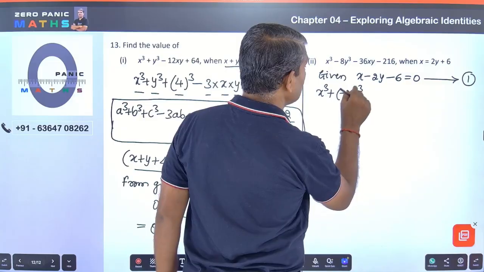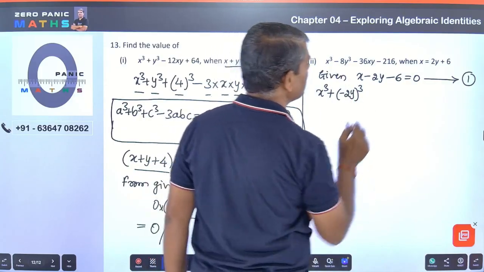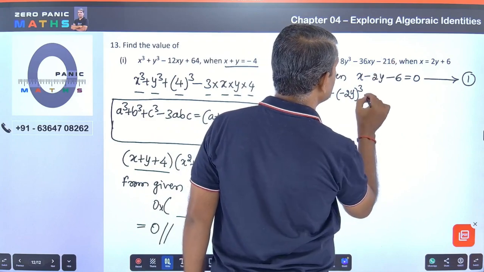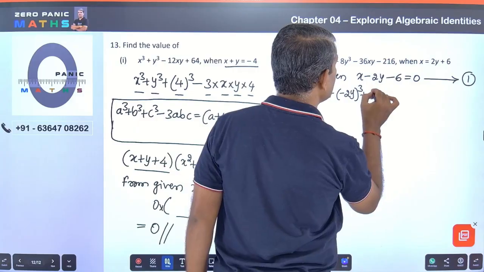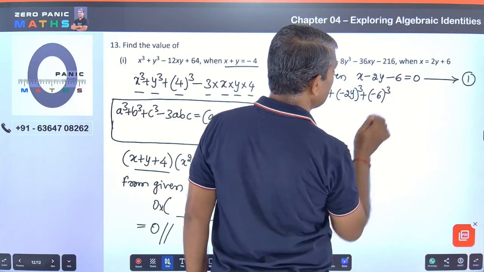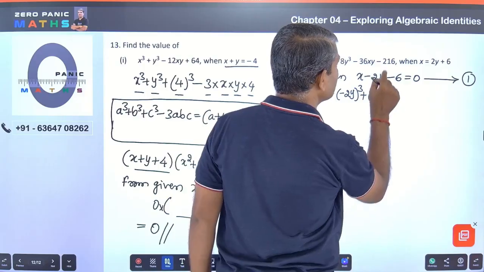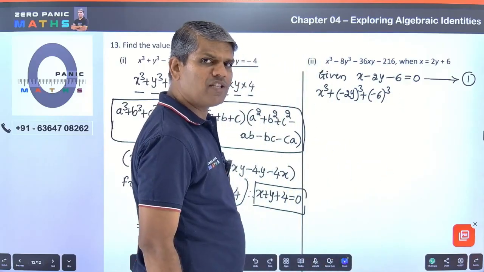Now minus 2 cube will be minus 8 and y cube, so that's why I'm writing it like this. So it is minus 216. 216 is actually 6 cube. I can write it as minus 6 cube, considering c value as minus 6. And if you multiply minus 6 thrice, it will get you minus 216 only.